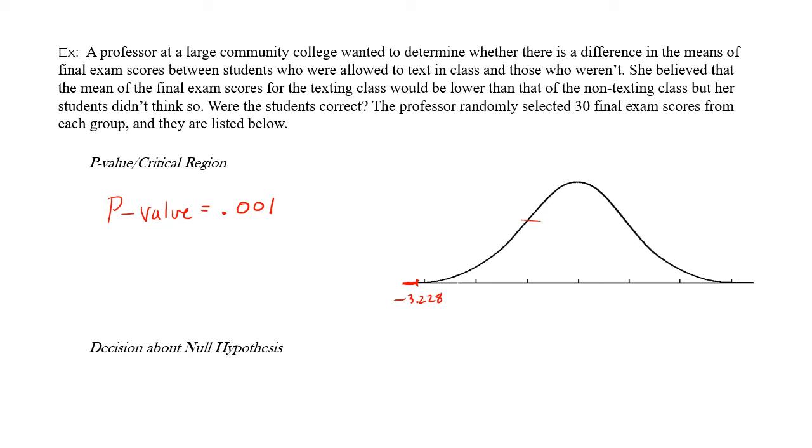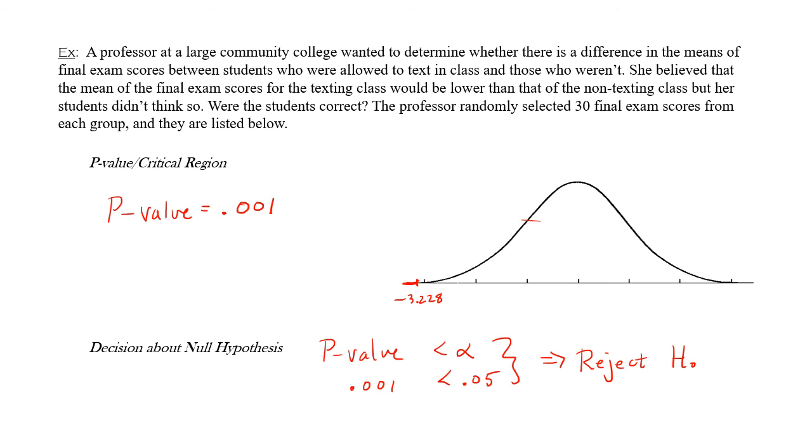And that's certainly less than the default significance level. We got a value of 0.001, certainly less than the default value of 0.05. So here this gives us an obvious conclusion that we're going to reject the null hypothesis.